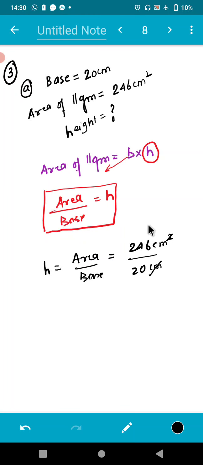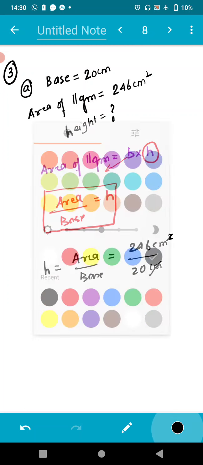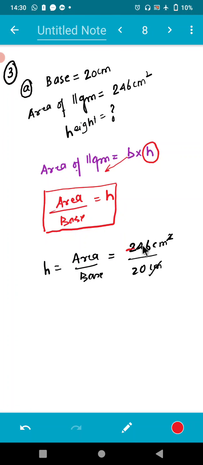Now, if we reduce the 246 and 20 by 2, then we will get 123 and this will be 10. Now, if you divide 123 by 10, you will get the answer as 12.3. So this is the required height. So height would be equals to 12.3 centimeter.